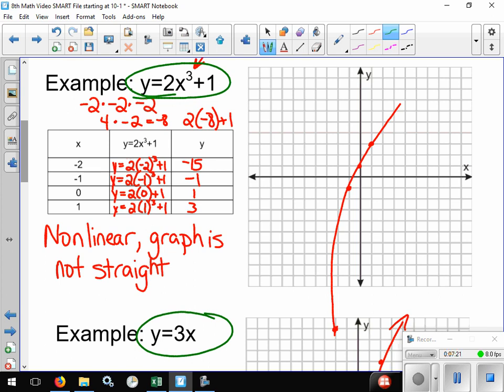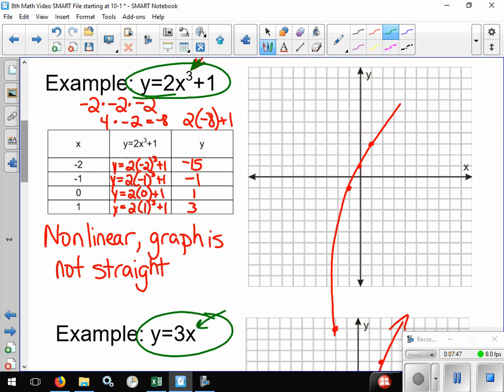The first example has x, and I already put an arrow to it, x having a power of 3. Anytime x has a power, so x squared, x cubed, x to the fourth power, x to the fifth power, whatever the power is, that is automatically going to tell you it is a nonlinear function. So that's a trick of the trade. If it has a power, it is a nonlinear function.